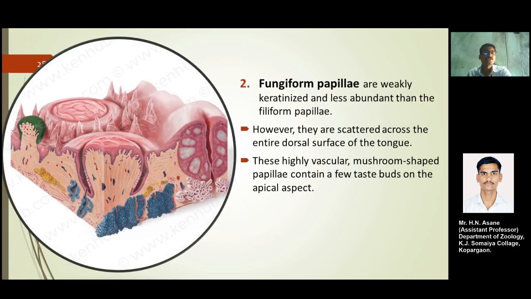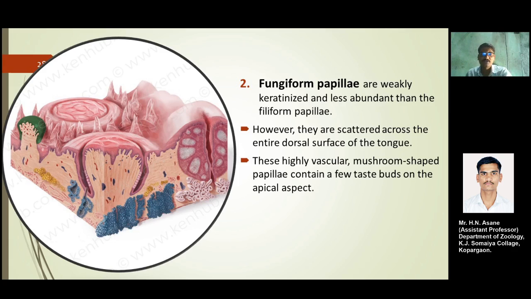Okay, as you can see, the second structure is the fungiform papillae, which have weakly keratinized cells and are less abundant than the filiform papillae. However, they are scattered across the entire dorsal surface of the tongue.